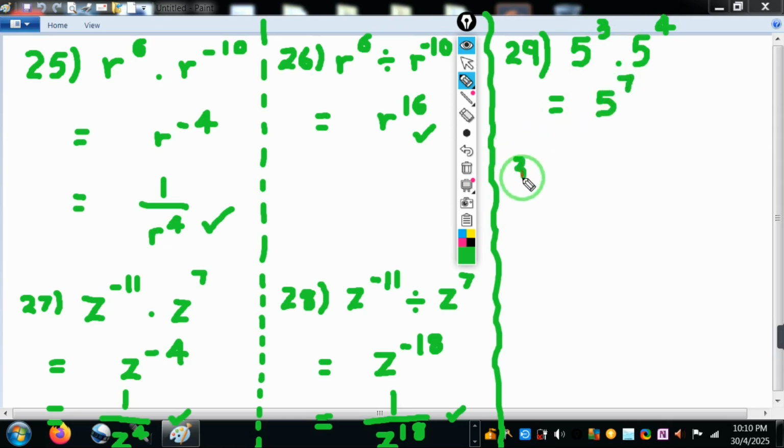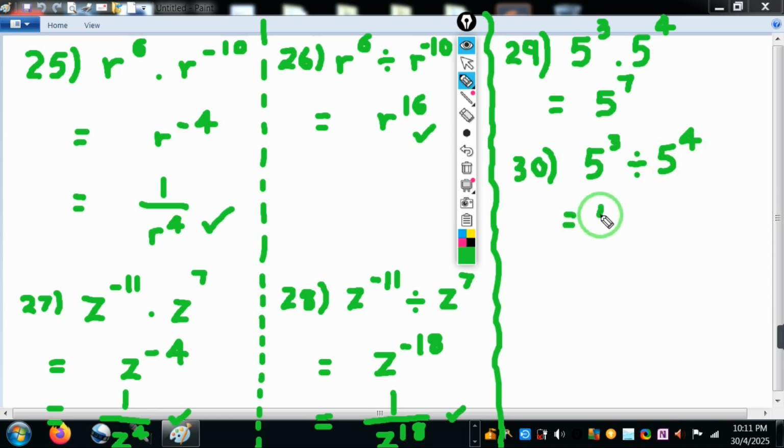Number 30, we use back the same one. 5 to the power of 3 divided by 5 to the power of 4. First one, the base is 5.